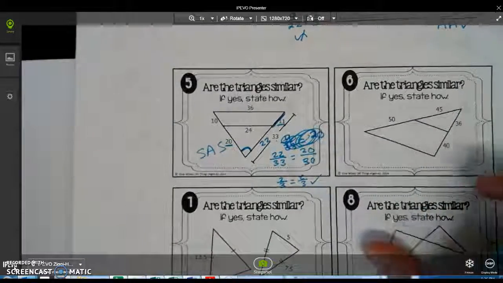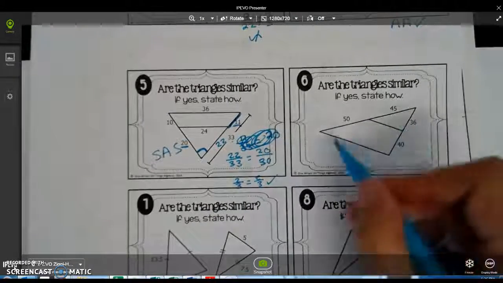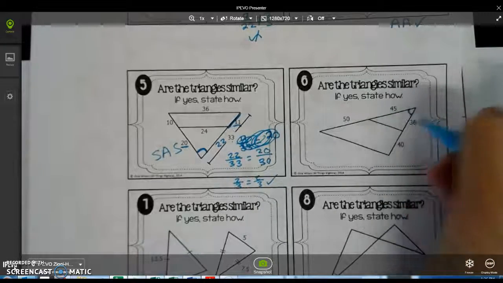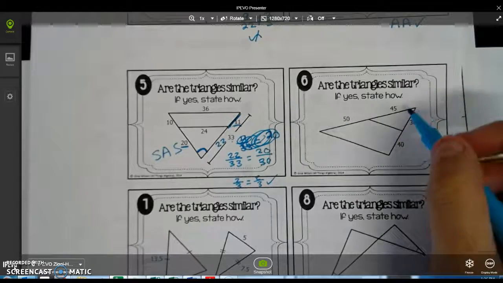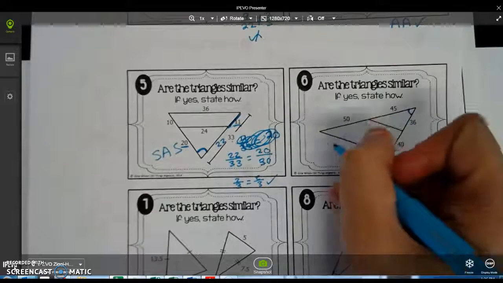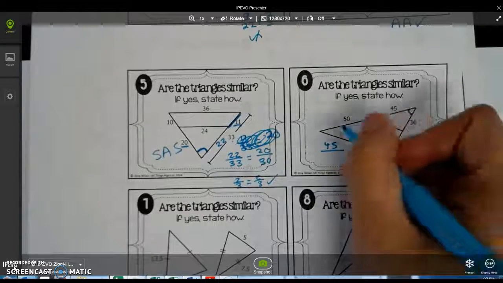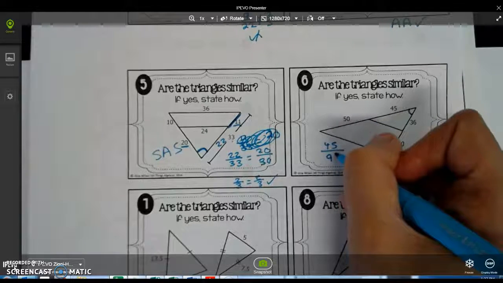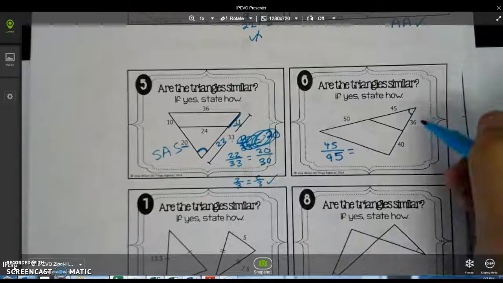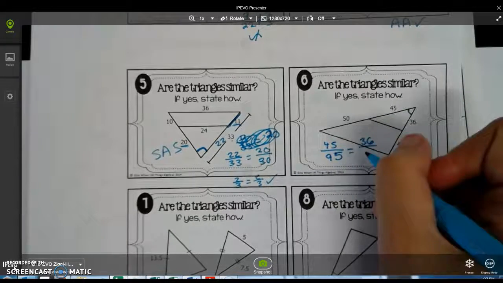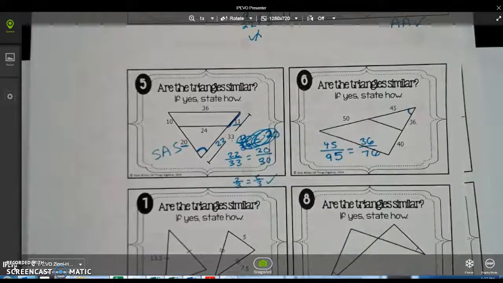Number 6. This is the same thing we just did, right? This angle is in the small triangle as well as the big triangle. I need to add the sides, right? So 45 over this whole side, which is 45 plus 50 is 95. And then 36 over this whole side, which when you add those together, you get 76.